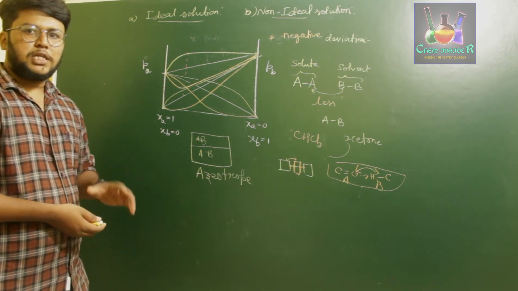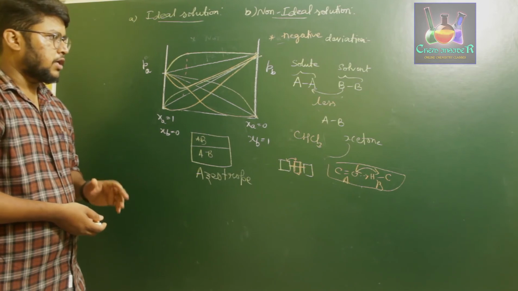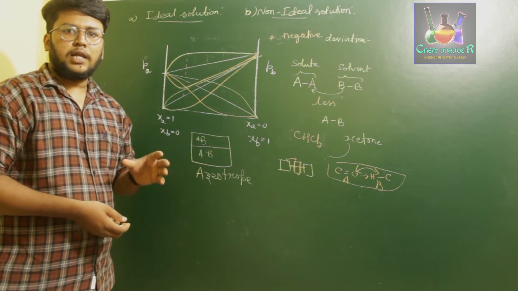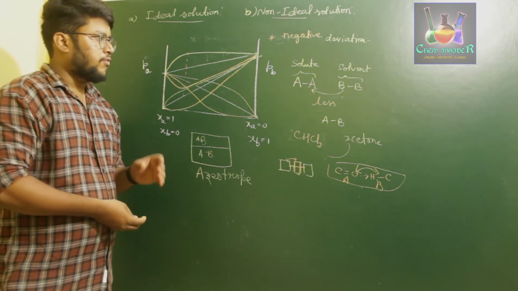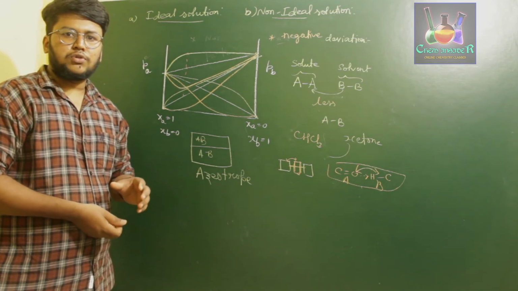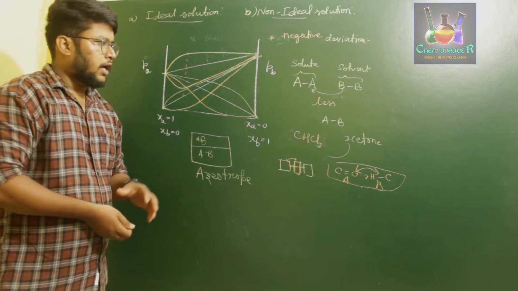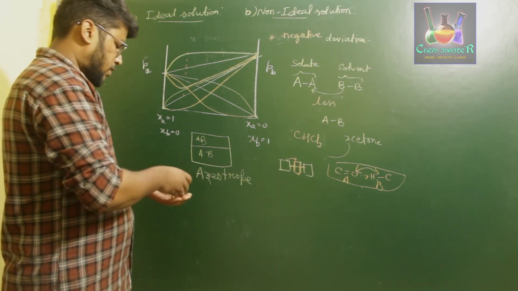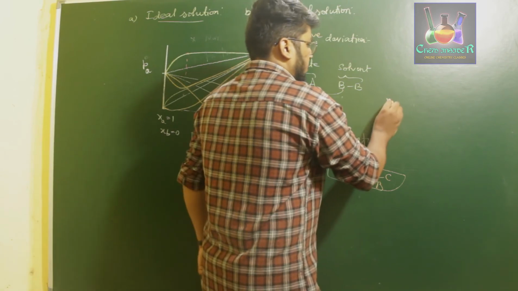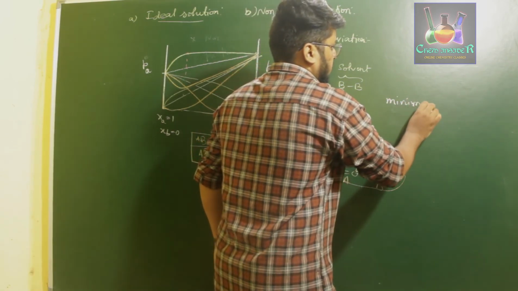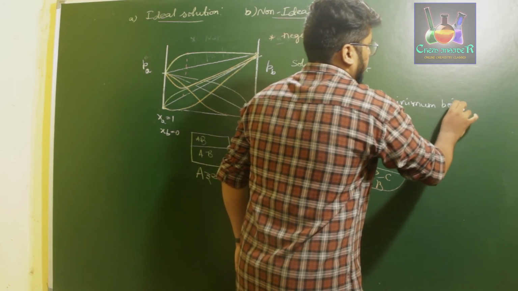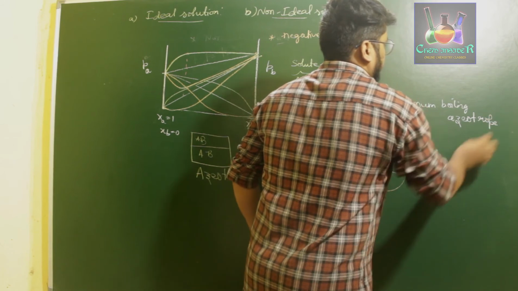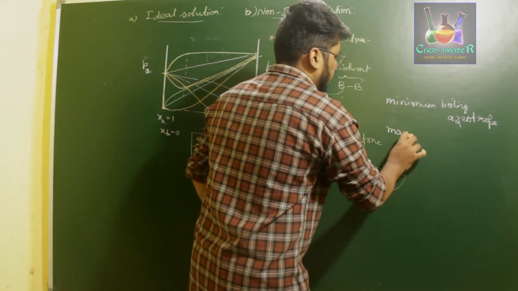So what are minimum boiling azeotrope and maximum boiling azeotrope? Minimum boiling azeotropes are the azeotropes which have a lower boiling point, and the azeotropes which have a high boiling point are called maximum boiling azeotropes. That is, minimum boiling azeotrope and next is maximum boiling azeotrope.